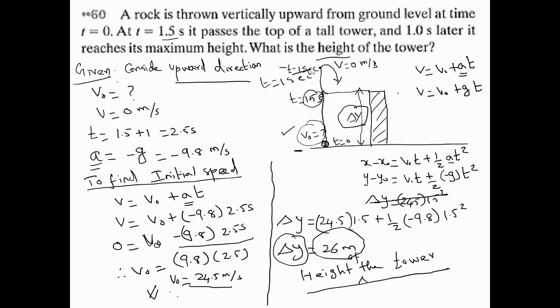Doctor, and the second one, it's also a positive answer. Yes, of course, it should be positive, because when you work this out, you will get a positive value. This becomes the smaller value and this becomes the greater value, so greater value minus smaller value gives you a positive answer.